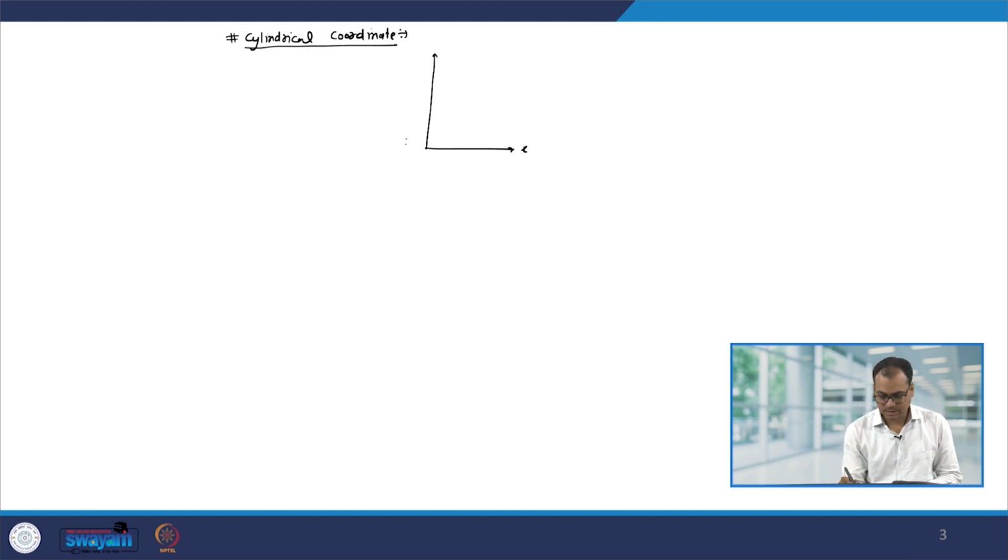Let us say this is x axis, y axis and z axis, then the position of the particle, let us say P, is defined by R, phi and Z. So, u1, u2 and u3 are R, phi and Z, where R is the radius of the cylinder, Z is the height of the cylinder, and phi is the angle that this R makes from the x axis.